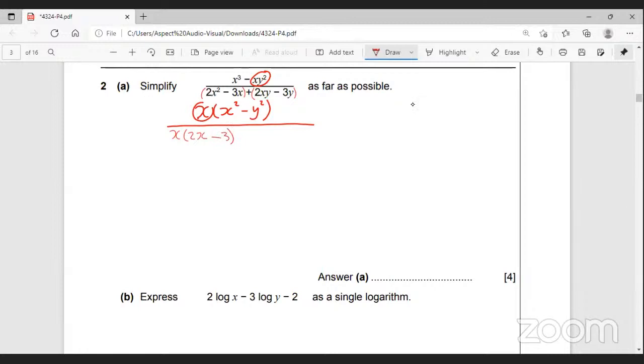And then the next one, what is common in all of them? It's actually y. So we are going to remove y there, so it will be plus y, and then you have 2x divided by y and again minus 3.